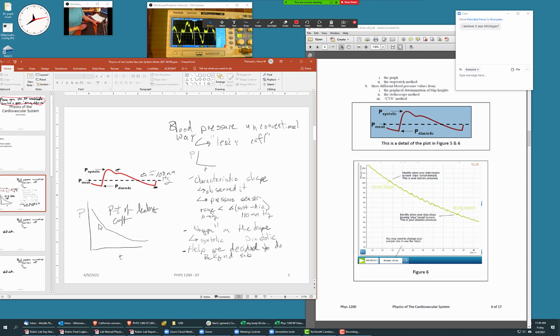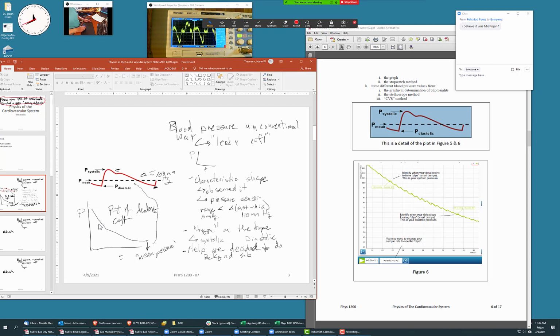Because that is going to be, not exactly, but sort of our mean pressure, which you see up here. So that way we can focus on just the shapes.